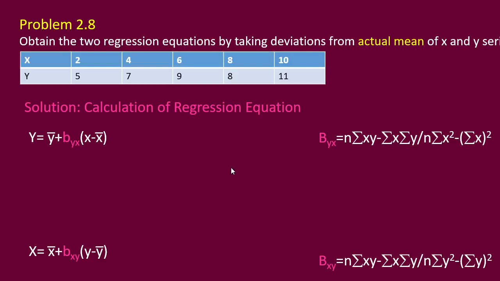I hope you also remember another formula for byx and bxy, that is r into standard deviation of y by standard deviation of x, or r into standard deviation of x by standard deviation of y. We cannot apply these two formulas in this case, because we would need to find the standard deviation again, and that is a bit of a lengthier process.